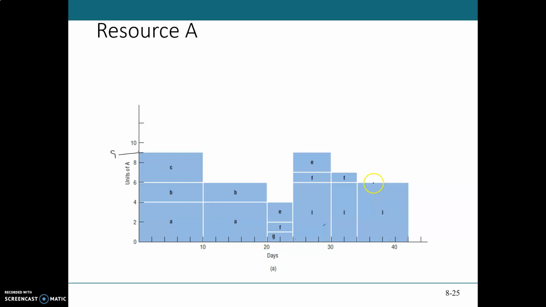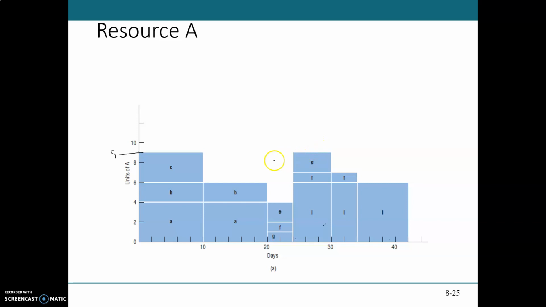In this case you can see that the resource profile is changing from high to low to further low to again high, and then low, and then low. So the need of resource A is fluctuating throughout this project.